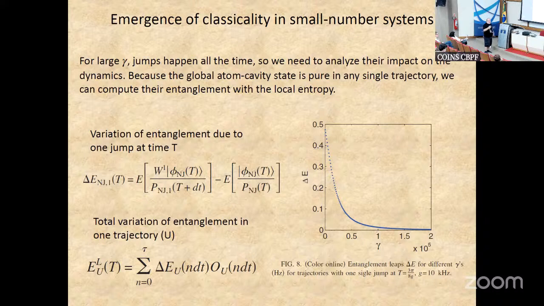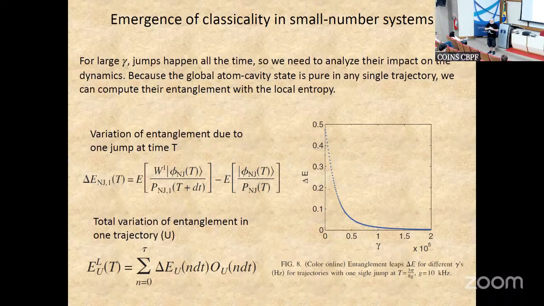And just remember that, because I'm monitoring the cavity field leakage, a jump is an operator that acts on the cavity field. So it's local in the cavity field Hilbert space. And a local operation cannot create entanglement. It can destroy entanglement, it can enhance entanglement if there is entanglement present, but it cannot create entanglement out of nowhere.